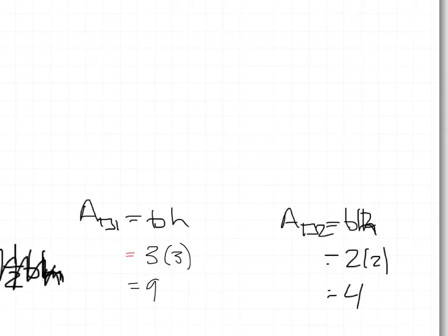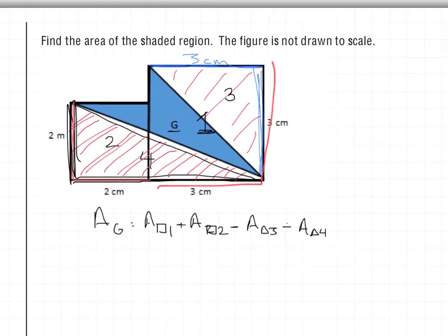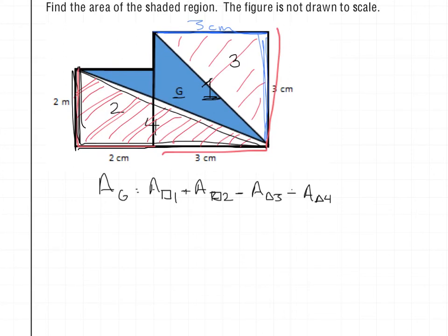So coming back, we started with the area of the two rectangles put together. So rectangle 1 was 9 plus 4. So we started with 13, and then we subtracted away the smaller triangle over here on the right side, triangle 3, which we said was 4.5, and the slightly larger triangle over here on the left-hand side, which we said the area was 4.